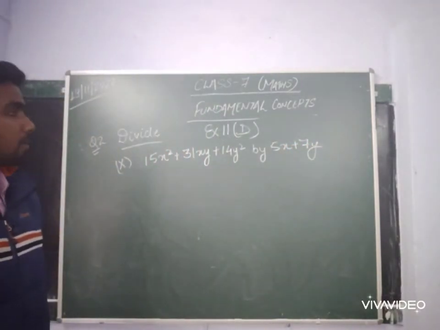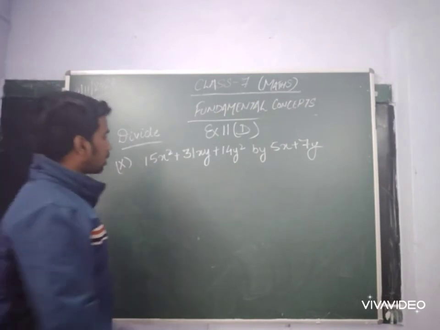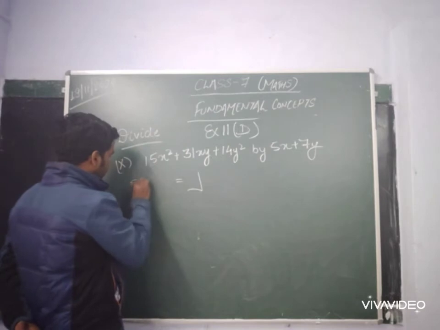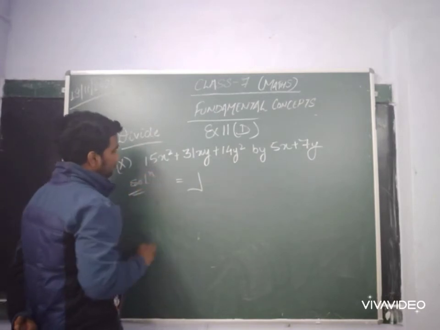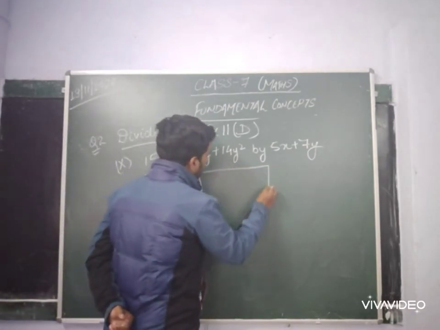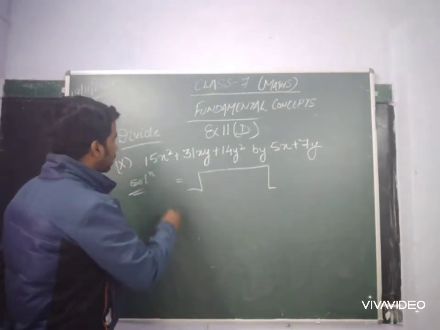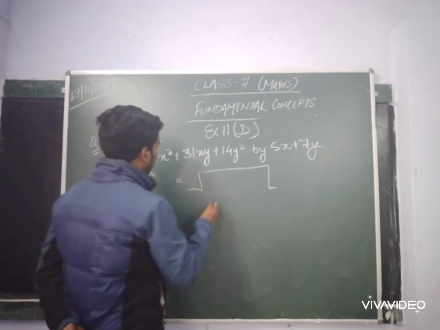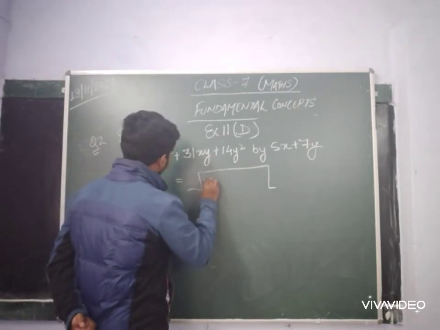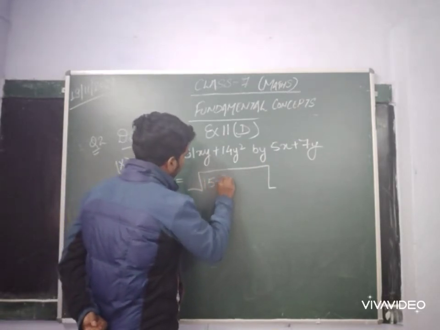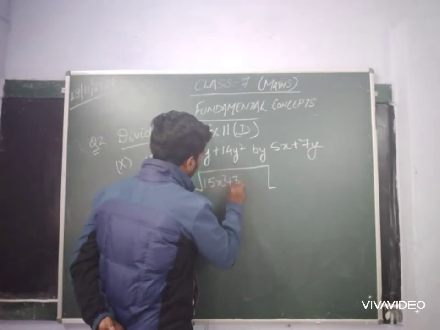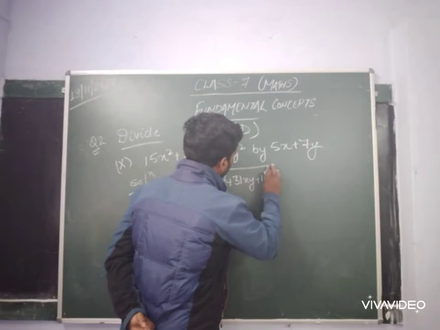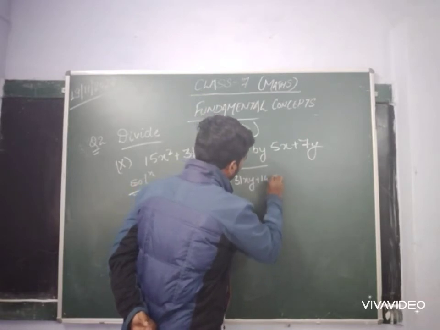Okay. Now what we will do, again in the solution, make a bracket, write this expression which has to be divided inside: 15x square plus 31xy plus 14y square.